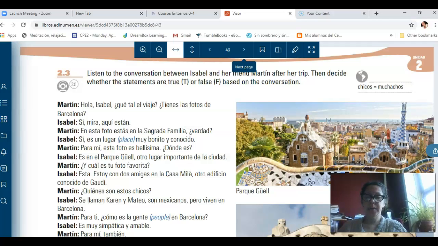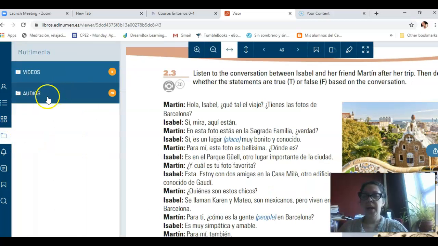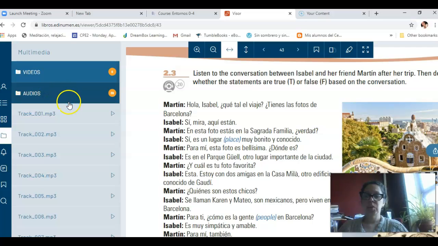So here, you're supposed to go and listen to track number 20. To have access to track number 20, you can click on multimedia and then select audios. And then you select the one that you need, in this case, number 20.